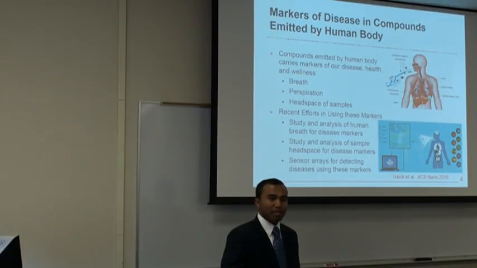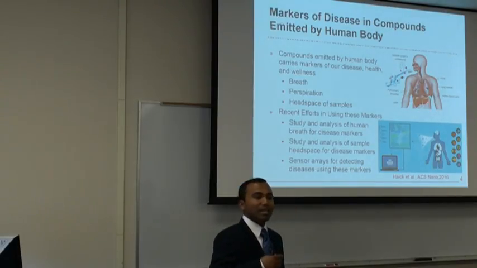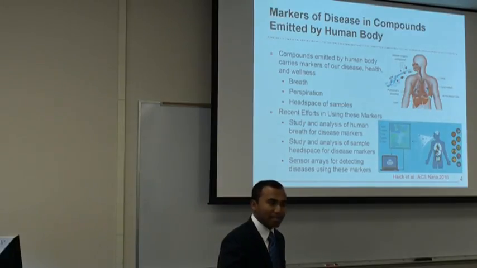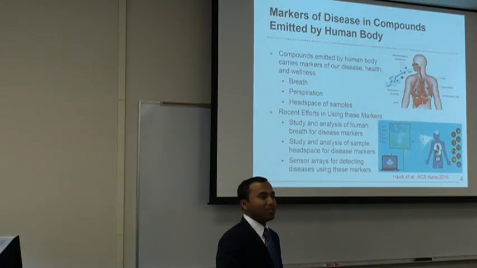The way it comes out is that when you exhale, the breath picks up compounds from the blood in the lungs, and things that go with our body get injected into the exhaled breath, and these are correlated with many kinds of diseases and health conditions.